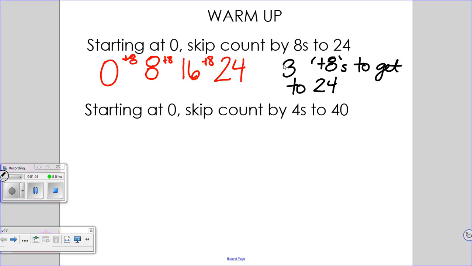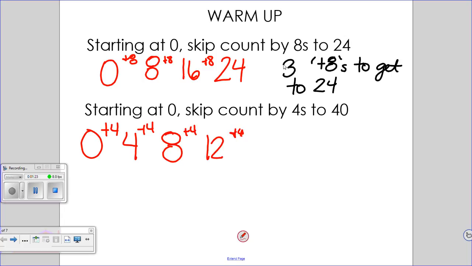Alright, so let's do the second one. Starting at 0. I'm adding 4 because I'm skip counting by 4, which means the next number is 4. Plus 4 is 8. Plus 4 is 12. Plus 4 is 16. Plus 4 is 20.